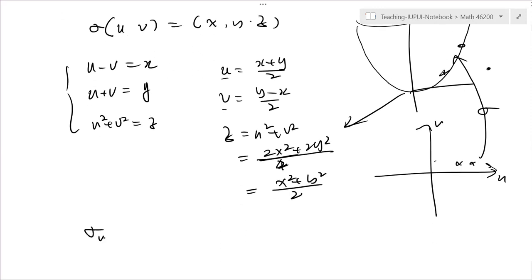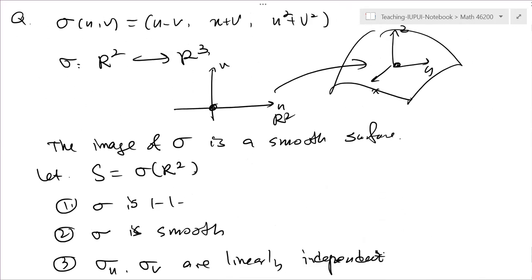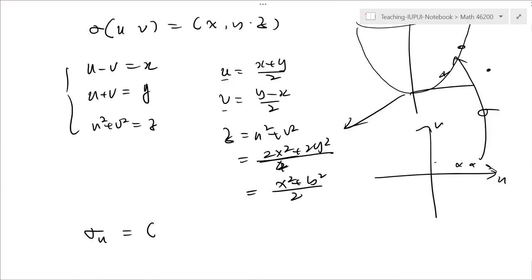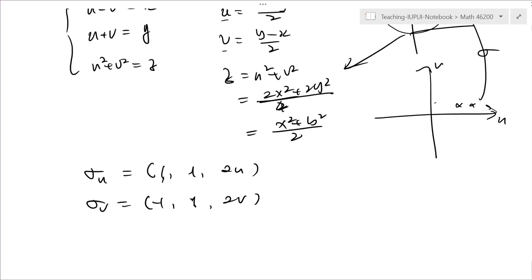Okay, let's take a look at sigma u. Sigma u is the derivative of the map, which is 1, 1, 2u. Sigma v is negative 1, 1, and 2v. Now these two are clearly linearly independent, okay?